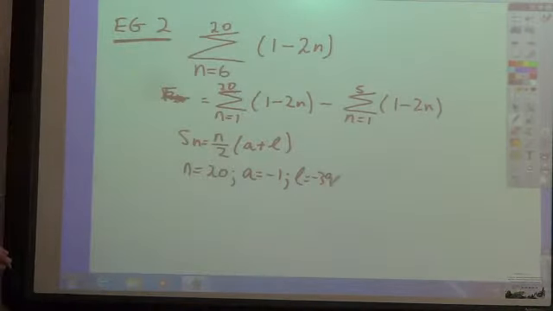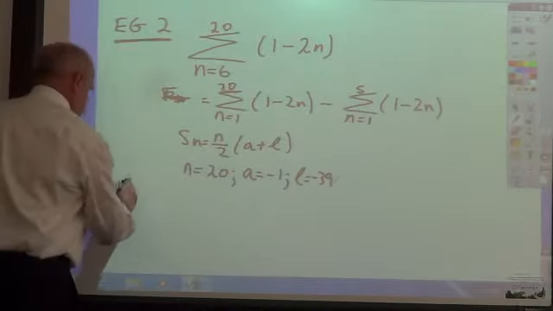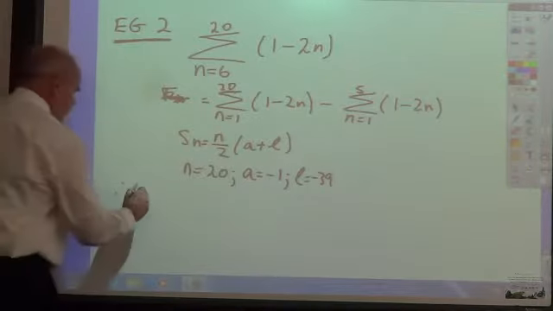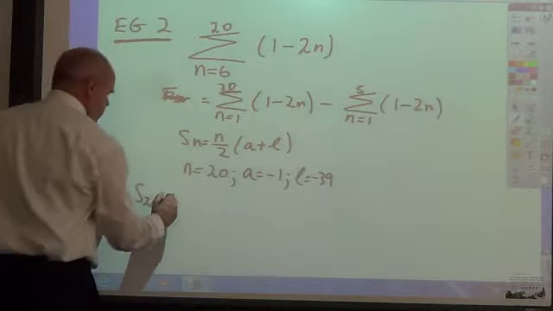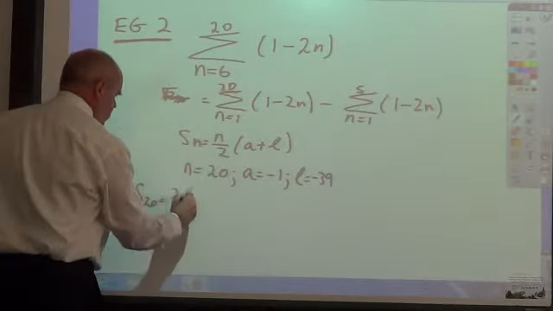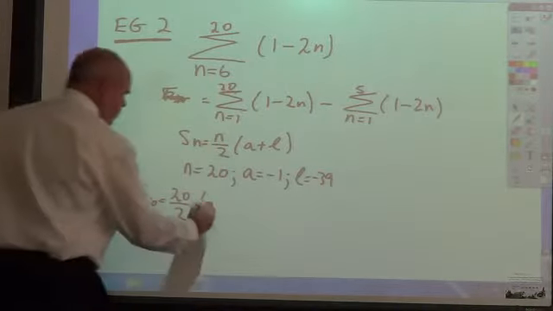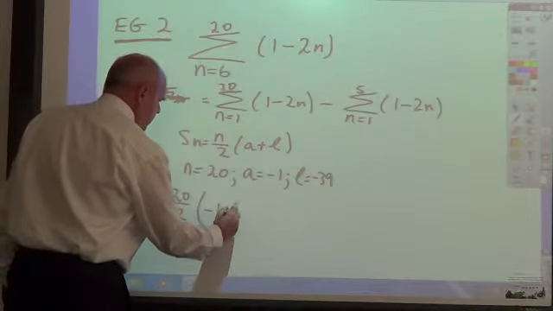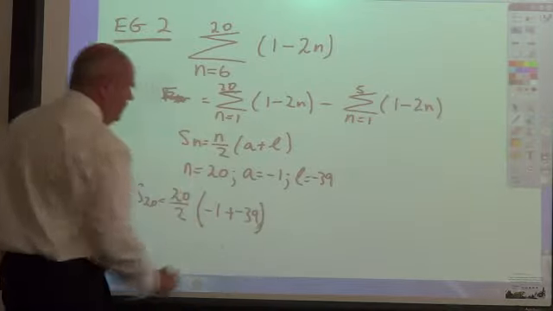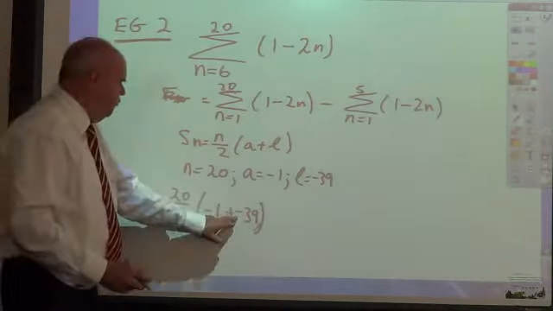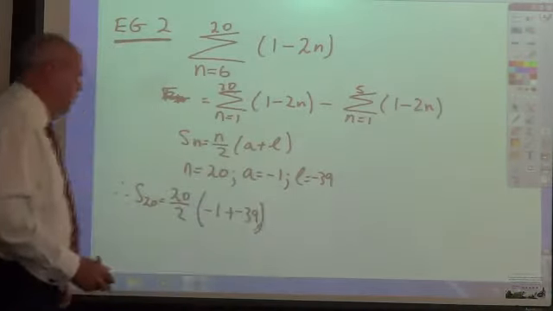So we substitute away, being a little bit respectful of these negative signs. They can cause us some issues. Let's do it over here. The sum of the first 20 terms is equal to 20 over 2, and I like that because that comes to 10, obviously. a is negative 1, and then plus negative 39. When we substitute, we've got to be very literal in our substitution. That stays there, l gets replaced with negative 39.